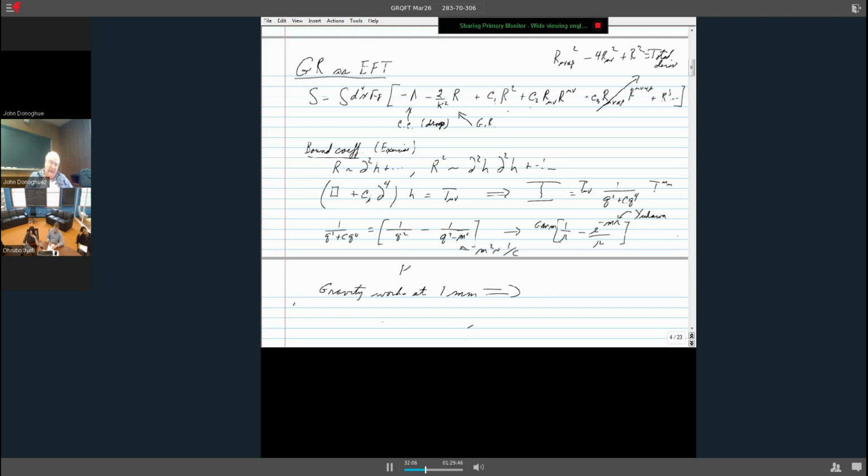Gravity works at a millimeter scale. That then can be converted into a bound. That's the logic. This was done by Kelly Bell.